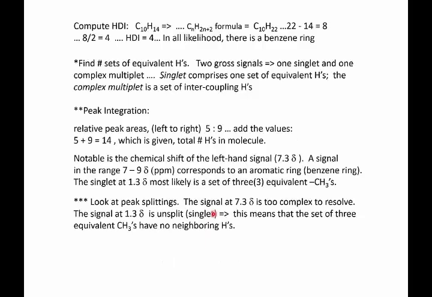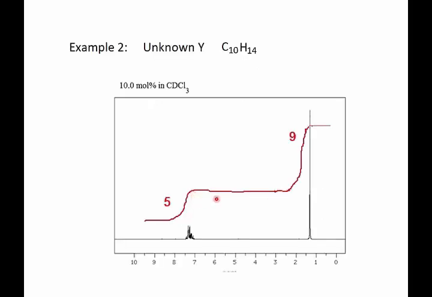Now let's consider the peak splittings. This is unsplit, and it's a complex splitting. We would say that this is the benzene hydrogens splitting themselves. Now that kind of splitting is very complex. In fact, it's called second order splitting.